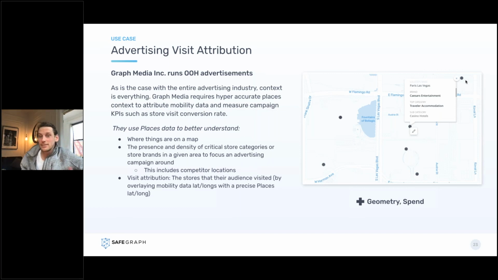And all you can really say is on the corner of South Las Vegas Boulevard and Flamingo, there's a clustering of people at this date and time across this time span. It's much more useful to say that this is taking place at or nearby the Paris Hotel, which is owned by Caesars Entertainment. And now we're really getting somewhere.